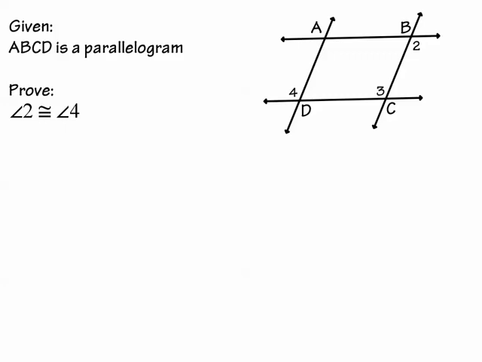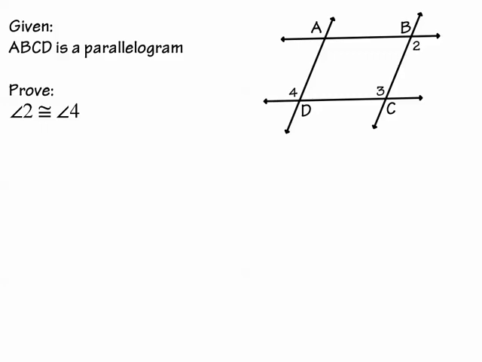What I do know, though, is that because ABCD is a parallelogram, that means it must have parallel sides. Sheer definition of a parallelogram. With parallel sides come those angles we just talked about momentarily. The alternate interiors, the alternate exteriors, and so forth.